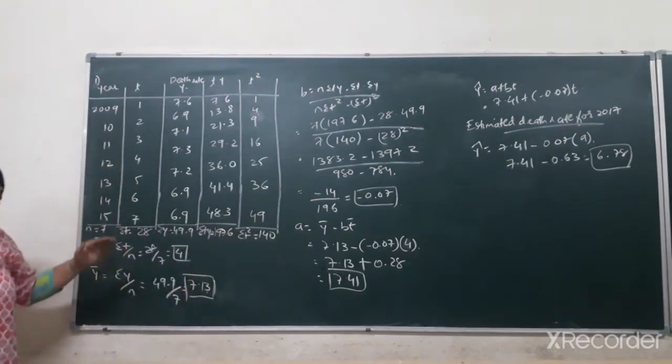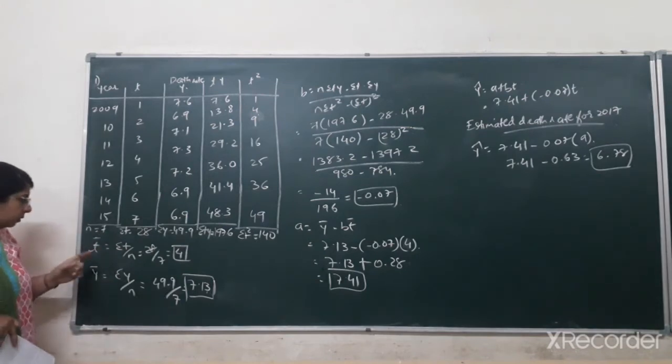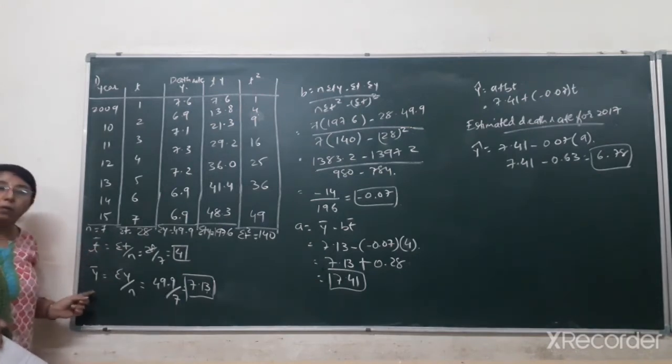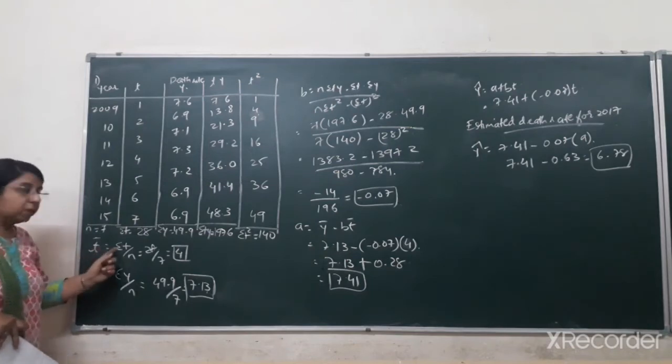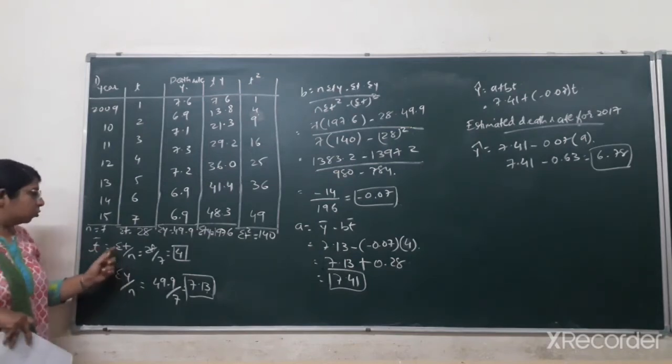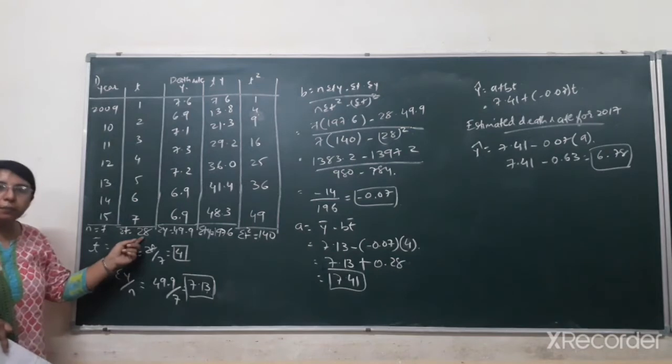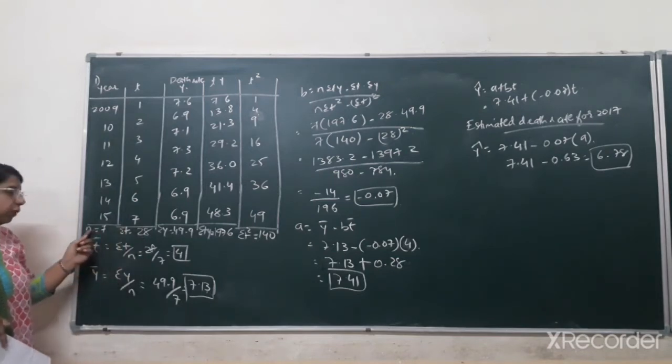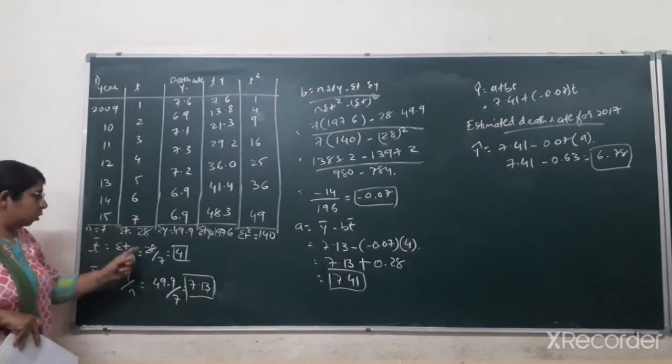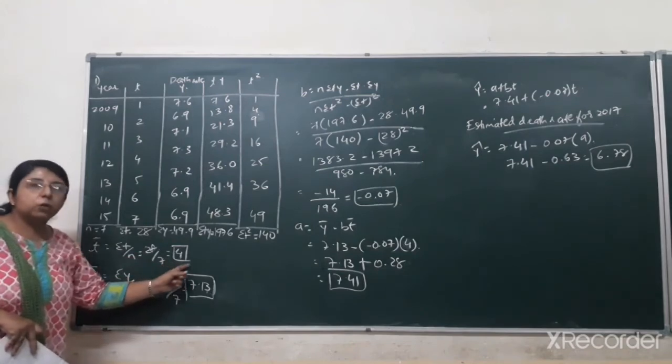Now after finding all the values, we have to find one by one all the data. First of all, we have to find t bar and y bar. T bar is equal to sigma t upon n. Okay, so sigma t already we have found out in the table, that is 28, and total number of observations, n, that is 7. So 28 divided by 7 is equal to 4.